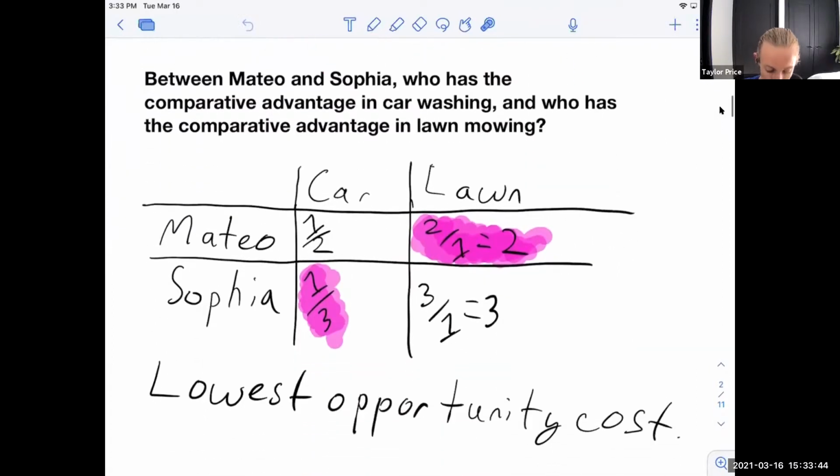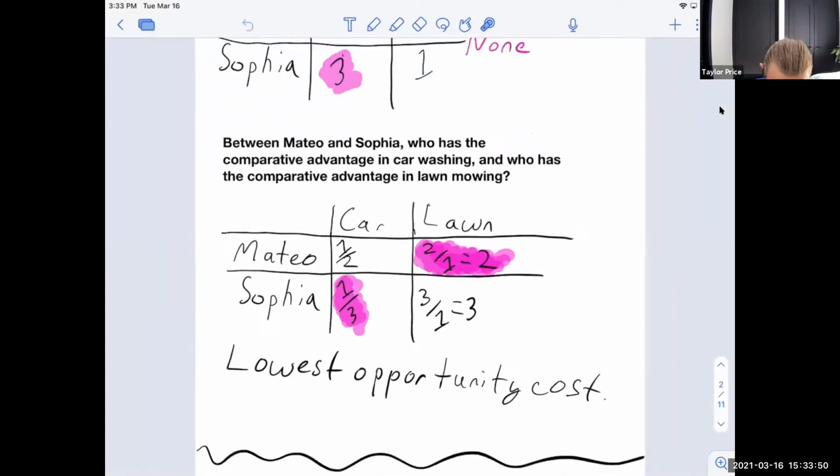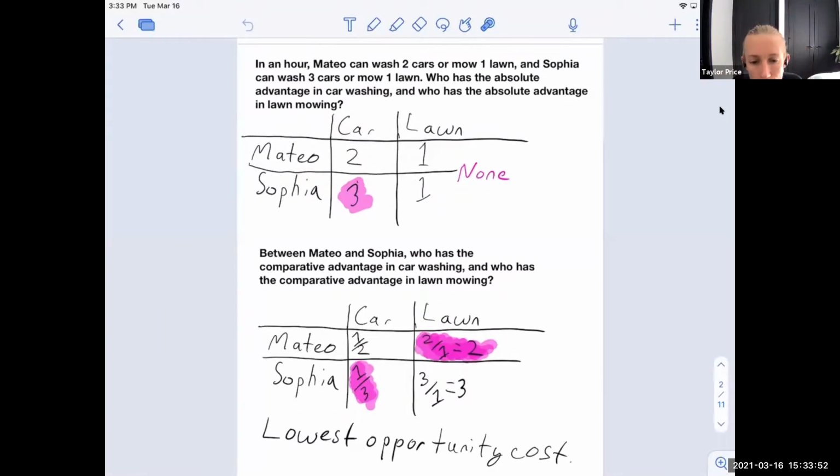For the next question though, this is where we're looking at comparative advantage. And let me actually make this a little bigger so you can see the original numbers. So similar to how I talked about previously for opportunity cost, we're going to take the 1 for lawn for Mateo and divide that by the 2 for cars for Mateo. And then that's going to give us Mateo's opportunity cost of car washing. And we're going to do that for all of Mateo's different goods and Sophia's different goods.